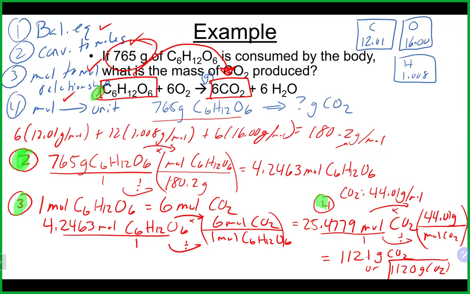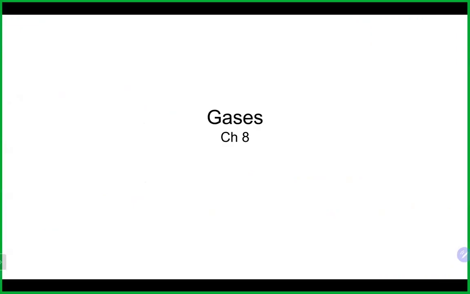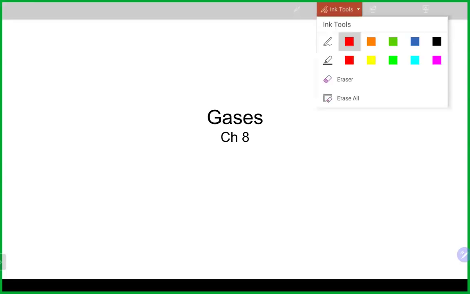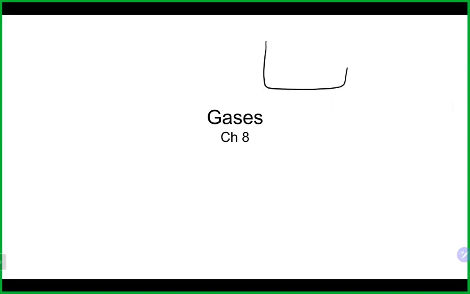Okay, that wraps up chapter 7, the exam after spring break. So we'll get going on chapter 8, which involves gases. So obviously when we're talking about gases, we are talking about the state of matter where pretty much everybody has broken apart from one another.